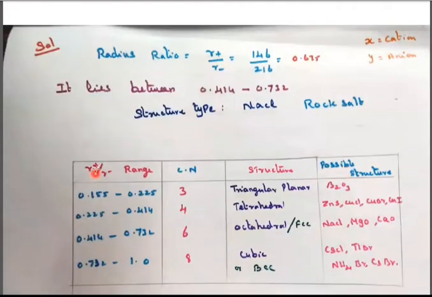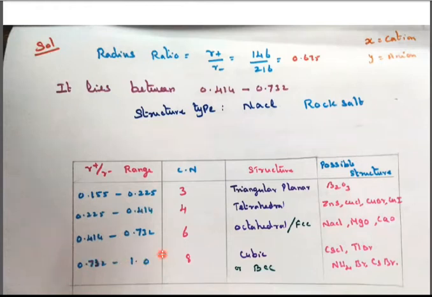You just see this radius ratio, cation radius by anion radius, range. You just learn this by heart: 0.155 to 0.225, then 0.225 to 0.414, then 0.414 to 0.732, then 0.732 to 1.